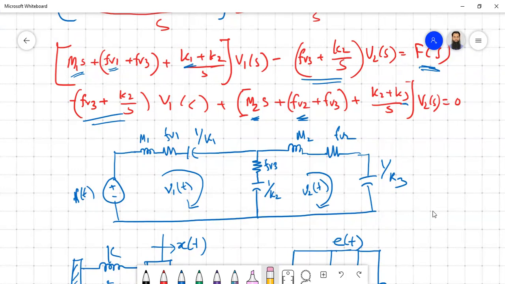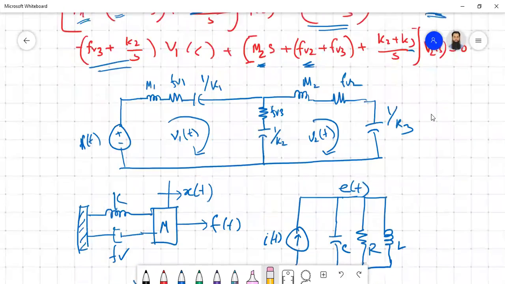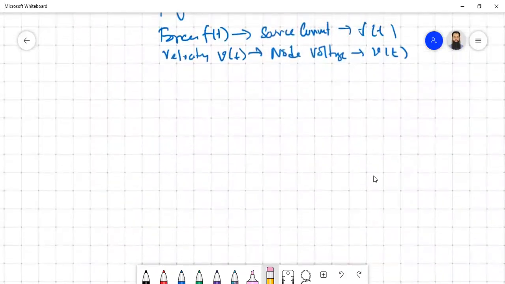Somehow the erasing is not working, so I'm not sure whether I can take a copy of this. Okay, let us just compare this here with the same equation, or if it is difficult, even though we have to repeat, let me write it again so it will be easier for you.